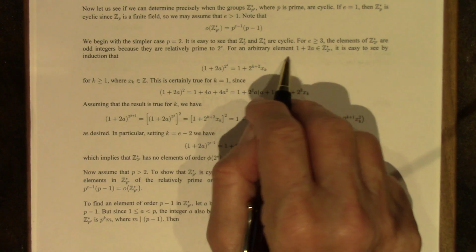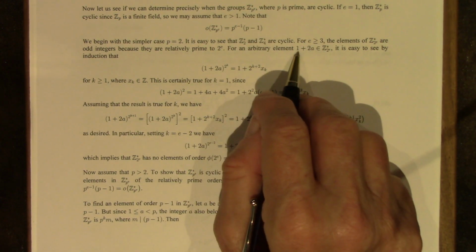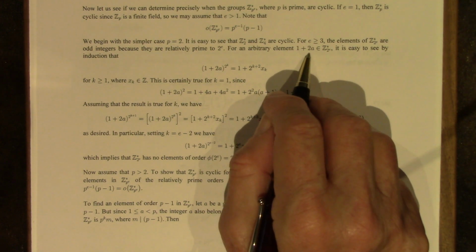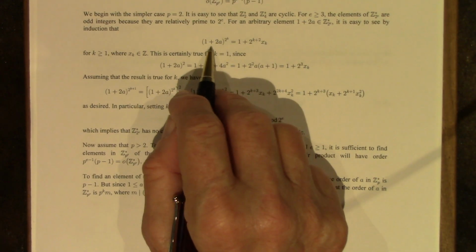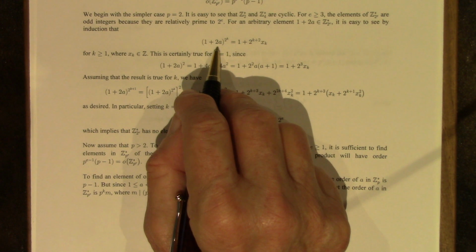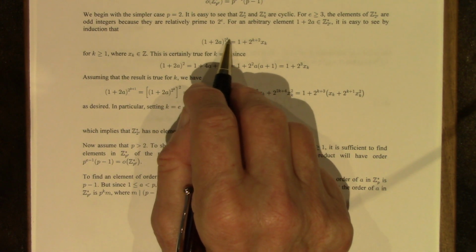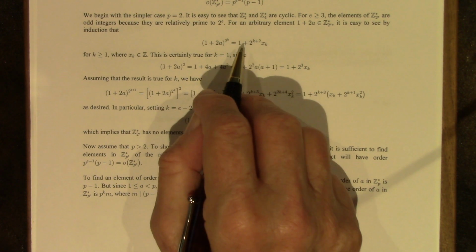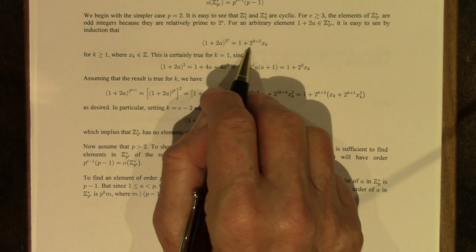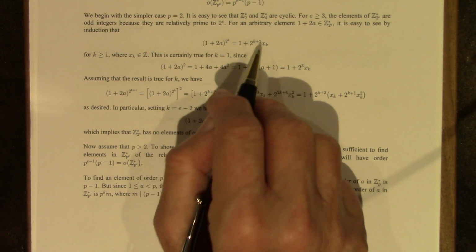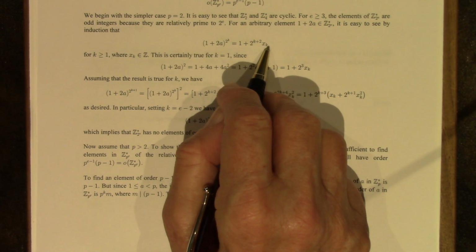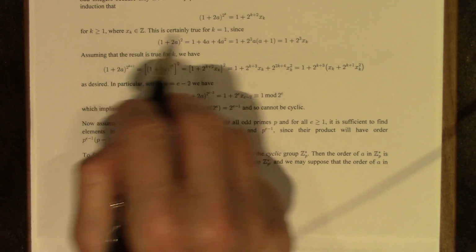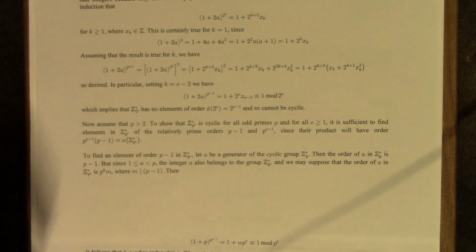So an arbitrary element of Z_{2 to the e} star will have this form, 1 plus 2a, and it's not difficult to show by induction that (1 plus 2a) to the power 2 to the k can be written in this form, 1 plus 2 to the (k plus 2) times something else, some other integer, x sub k. And this is valid for k bigger than or equal to 1.